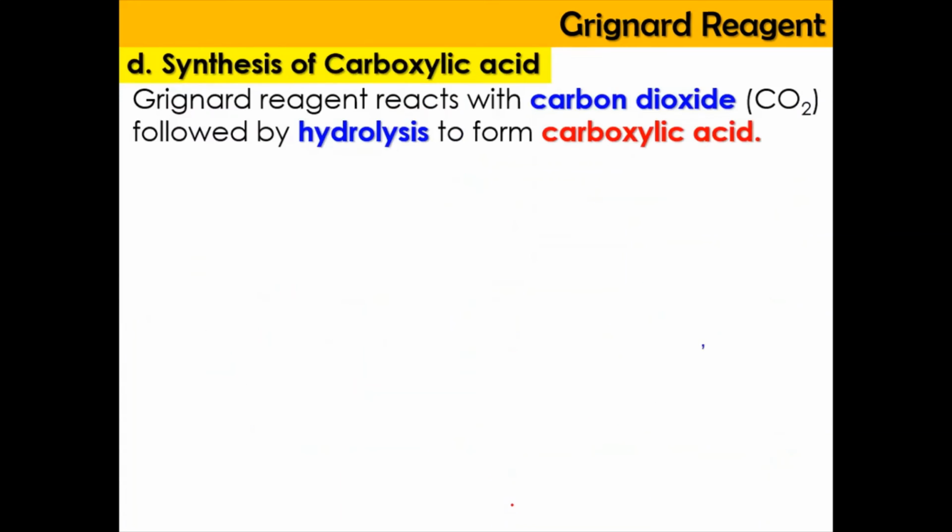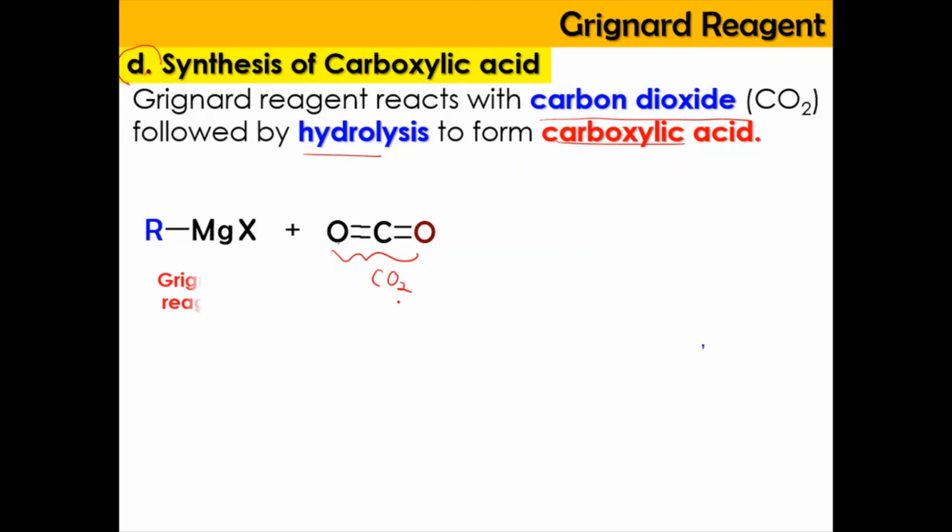Okay. Now on the last part, which is the synthesis of carboxylic acid. To synthesize a carboxylic acid, we're going to react our Grignard reagent with carbon dioxide followed by hydrolysis to form the carboxylic acid. Similar step as before, the Grignard reagent reacts with carbon dioxide, which can also be represented by OCO, which refers to CO2, carbon dioxide.